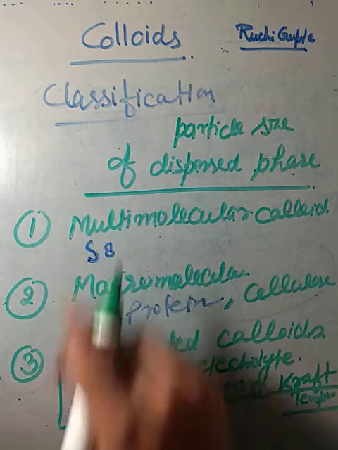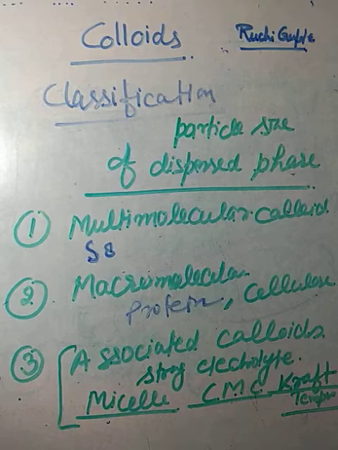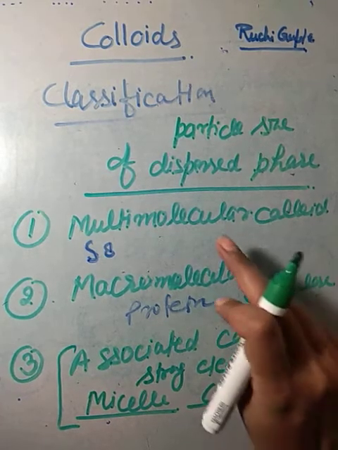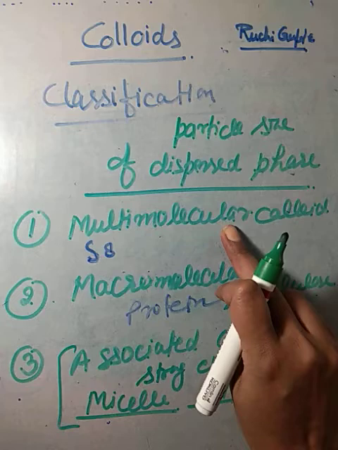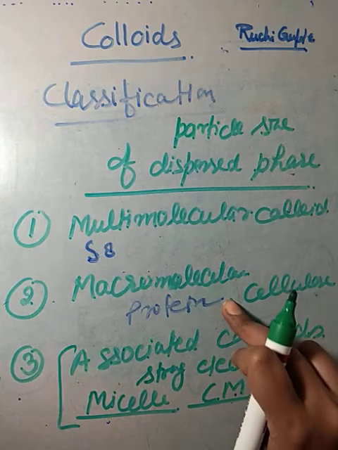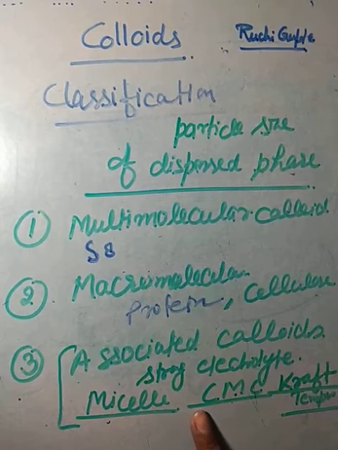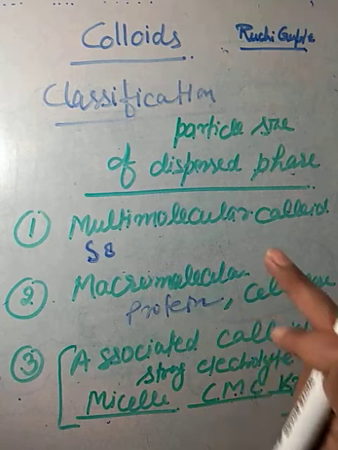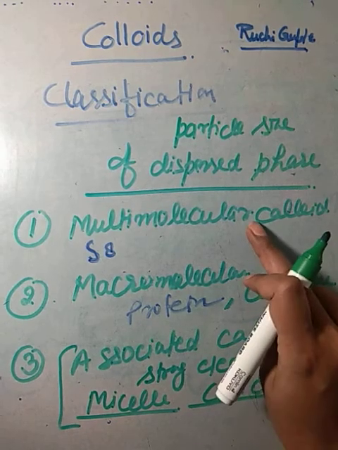If we want to compare all these three, then first, multimolecular colloids are formed by the aggregation of a large number of atoms, macromolecules are large size polymers, and the associated colloids are formed by the aggregation of a large number of ions. Their molecular masses are not very high.